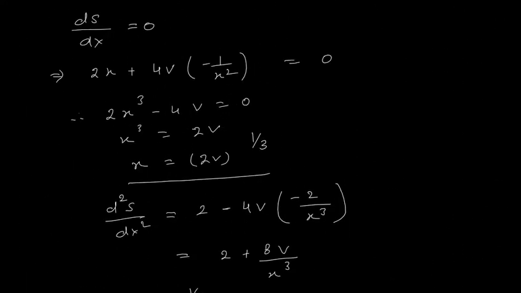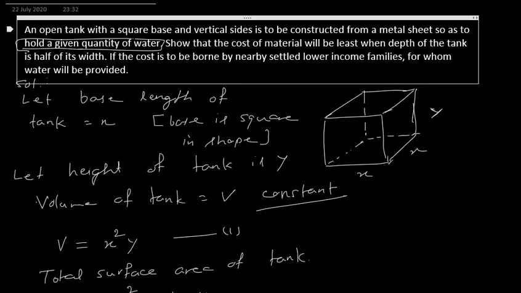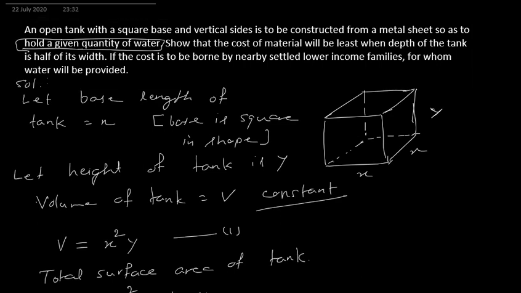Now let us check: show that the cost of material will be least when the depth of the tank is half of the width. When the surface area is less, then the cost of material will also be less.